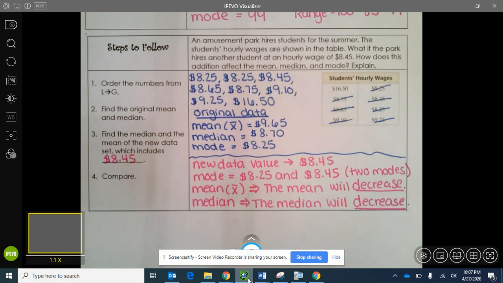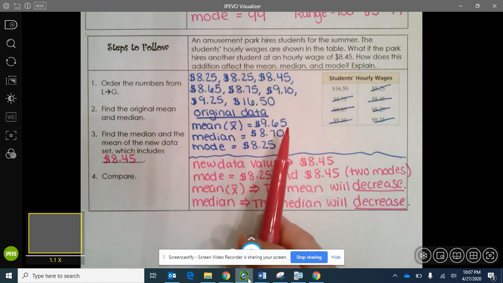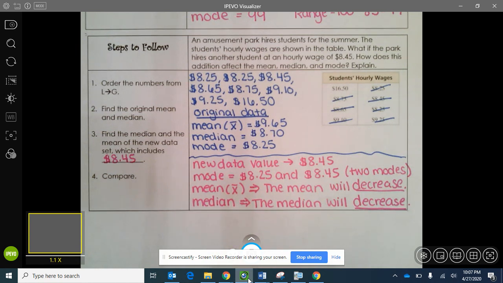Now, it goes the other way too. If my new data value had been, let's say, $10, that new data value would have been bigger than the mean and bigger than the median, so they both would have increased in that scenario. So if the new data value is larger than the original mean, it'll increase that mean.